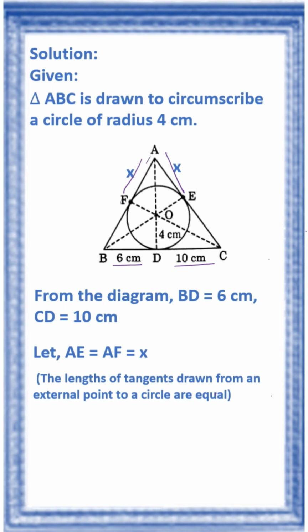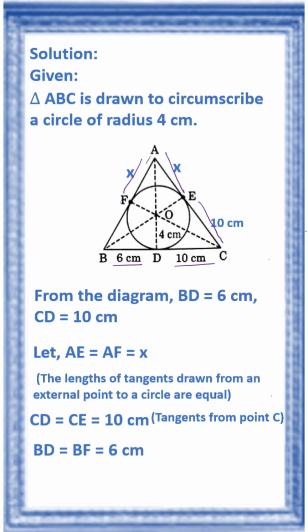AF is equal to AE because they are the tangents from the external point A. CD is equal to CE. This is CE, that is 10 centimeter, tangents from the point C. BD is equal to BF, that is also equal to 6 centimeter because they are the tangents from the external point B.